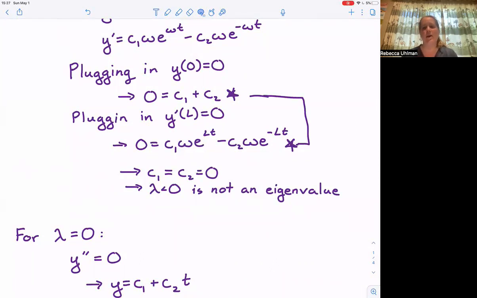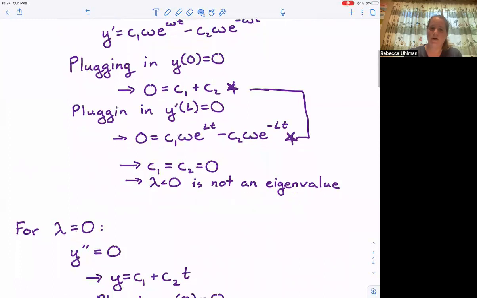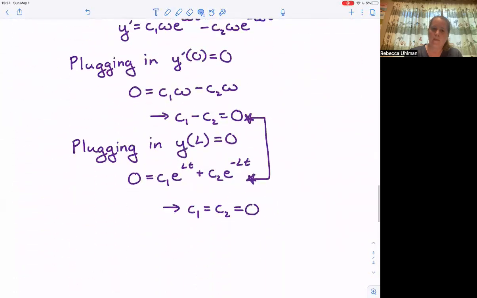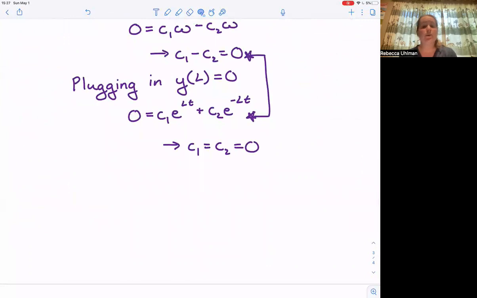Either way, in our negative eigenvalue case, we always get that C1 and C2 have to equal 0. All right, so continuing on with the problem I was working with, we don't have any negative eigenvalues. So lambda less than 0 is not an eigenvalue.